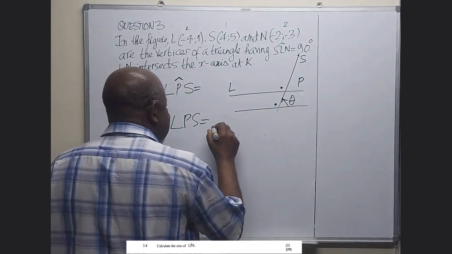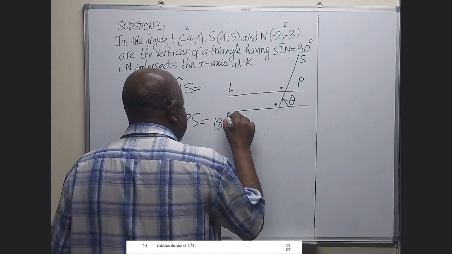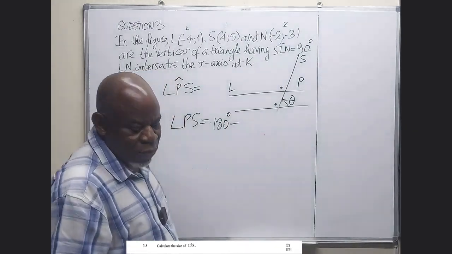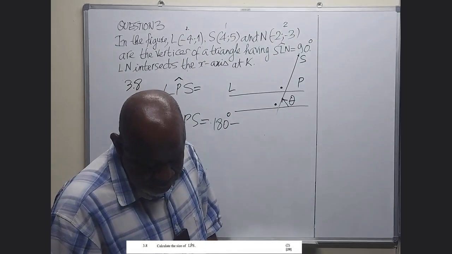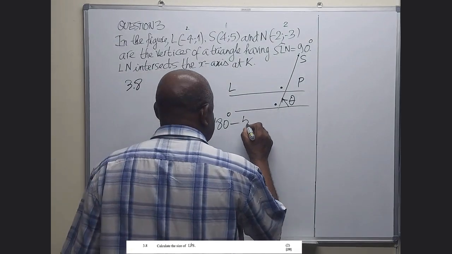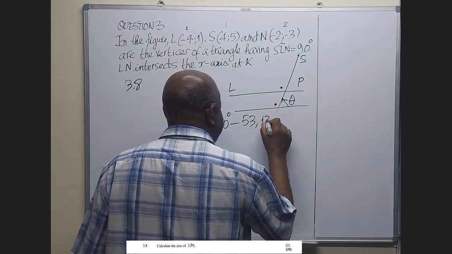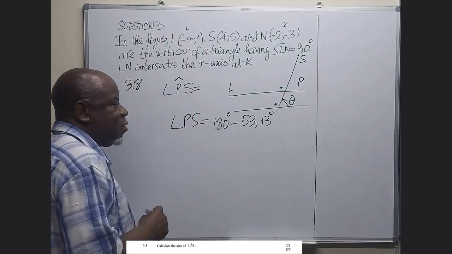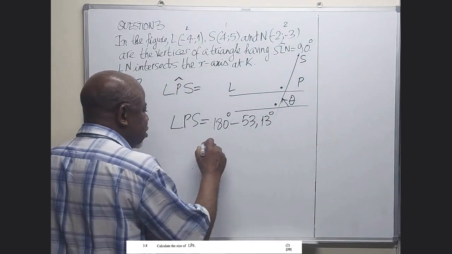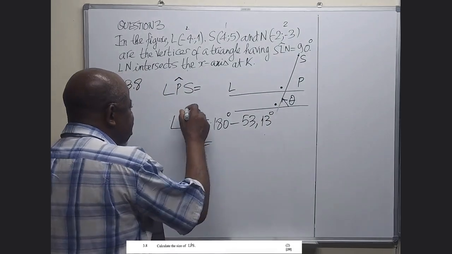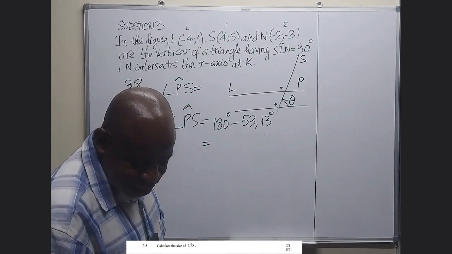So it's going to be 180 minus angle theta. We know it already because we have done our calculation. Angle theta was 53.13 degrees. And this will be the answer for the last question, 3.8.